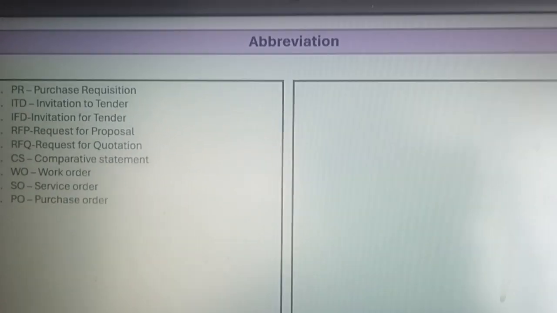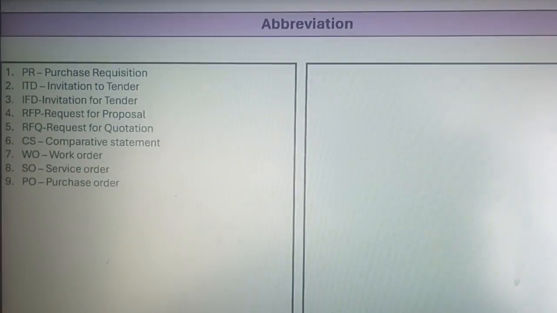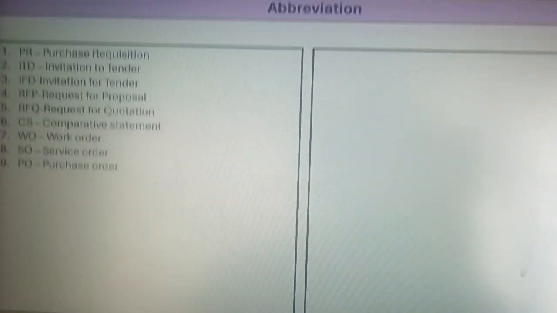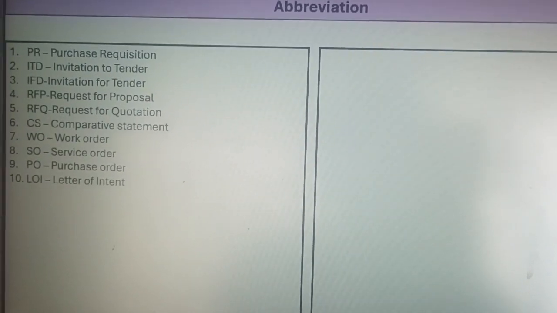Purchase order is used in the supply part.